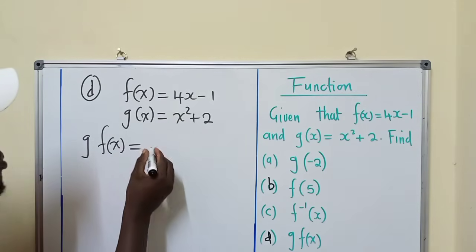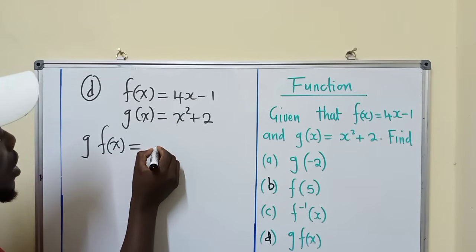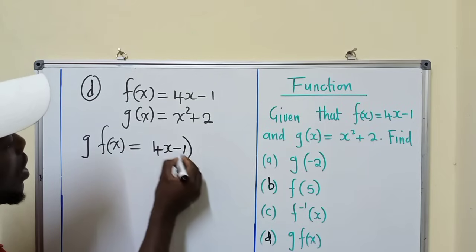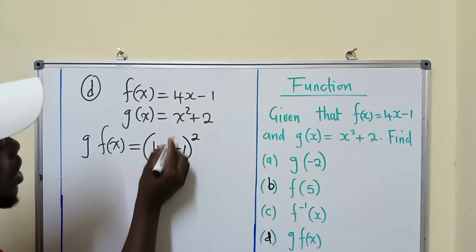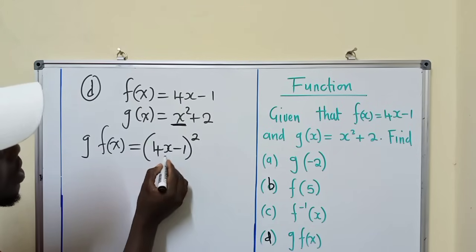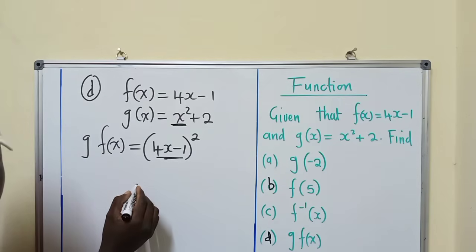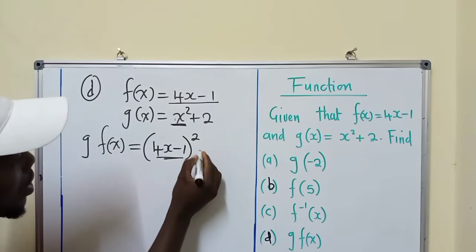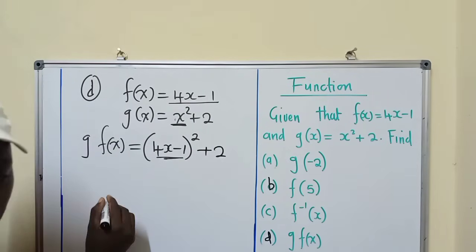You see? So it will be (4x minus 1) squared. I've just substituted here. Can you see? Getting this substituted here, this is what we have, and then you say plus 2.